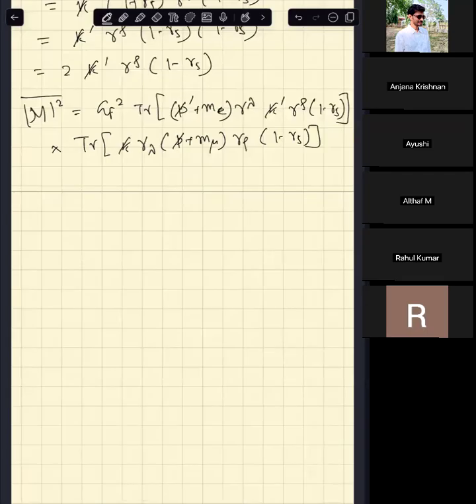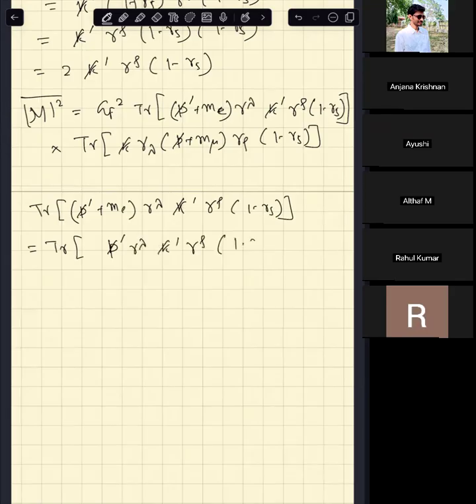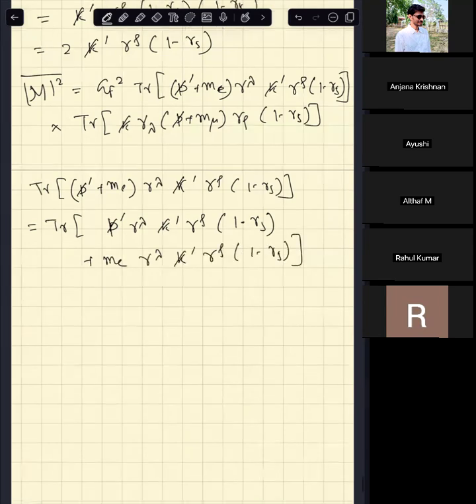Okay, so now if you look at one of the traces, let's say trace of P slash prime plus Me, gamma lambda, K slash prime, gamma rho, 1 minus gamma 5. Now if I expand that, what will I get? I get P slash prime, gamma lambda, K slash prime, gamma rho, 1 minus gamma 5, plus Me, gamma lambda, K slash prime, gamma rho, into 1 minus gamma 5.